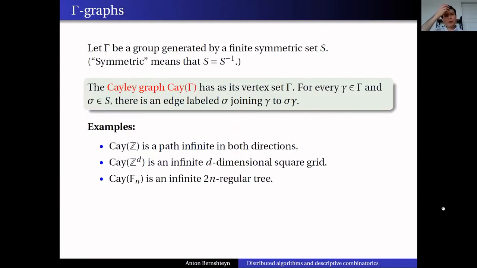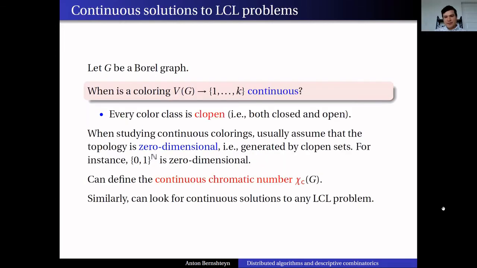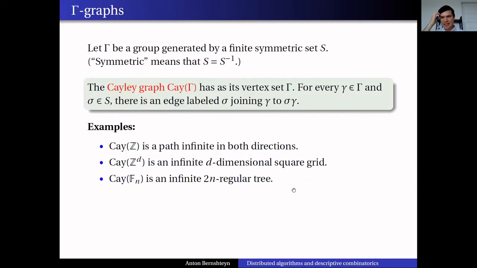It turns out that this continuous setting really has some equivalent interpretation in terms of distributed algorithms. But to explain this, I need to describe a specific class of graphs that we might be interested in studying. You want to study some graphs that are nice and symmetric, like maybe paths or grids or trees, things like that. A nice general setting in which we can put this is these Cayley graphs.